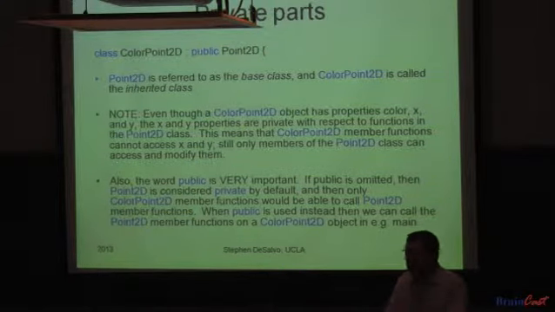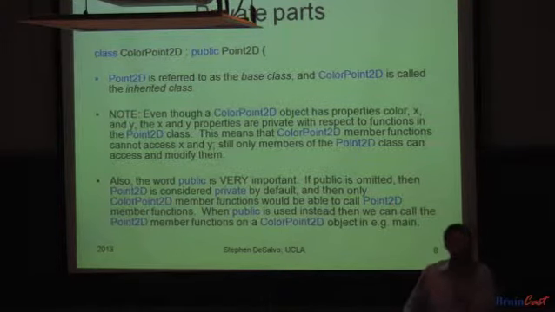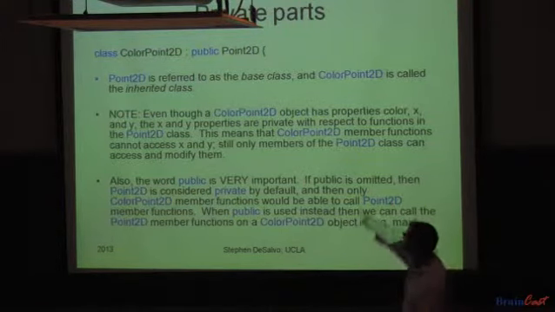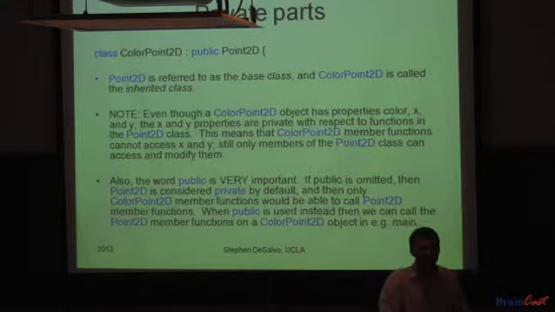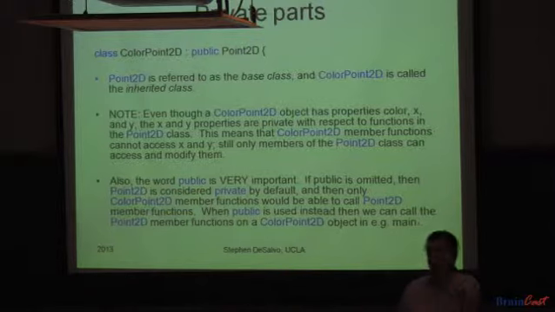Okay? So when you publicly inherit from point2d, you can still call the point2d member functions in main. But when you leave out public, by default it's private, and then only the color point2d member functions can call point2d member functions.